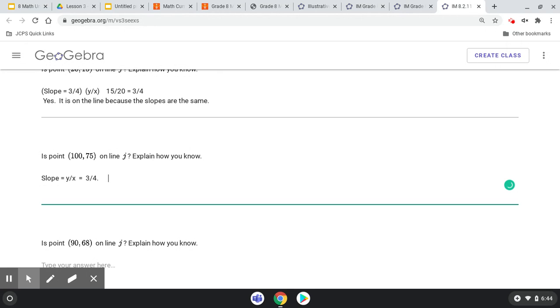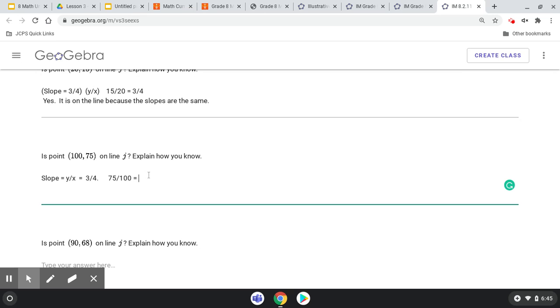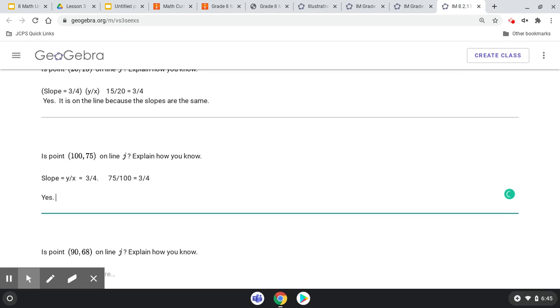We're trying to decide now if 75 over 100 is on that line. Same rule applies here. So you can do 75 divided by 100, which equals 0.75, or you could simplify it, and they are equivalent. So 75 over 100 does equal 3 over 4, and that is our reasoning as well, because the slopes are the same.